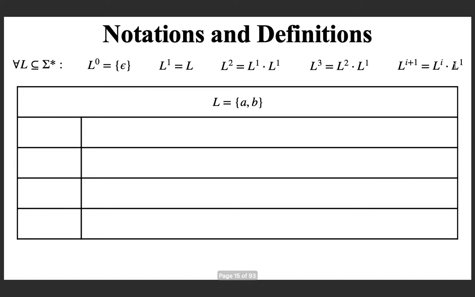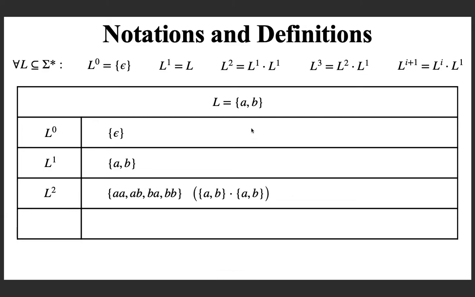We can look at some examples. Suppose L is this language, just the set {a, b}. Then by definition we know L to the power 0 is set epsilon. So regardless of what L is, L to the power 0 by definition is set epsilon. Then L to the power 1 is the given language, L to the power 2 is this language which is obtained by L to the power 1 concatenated with L to the power 1.